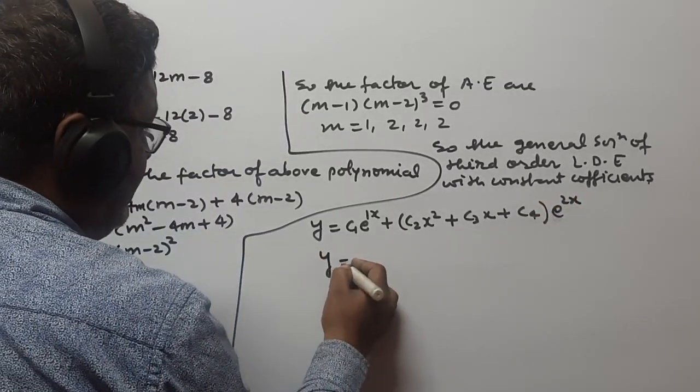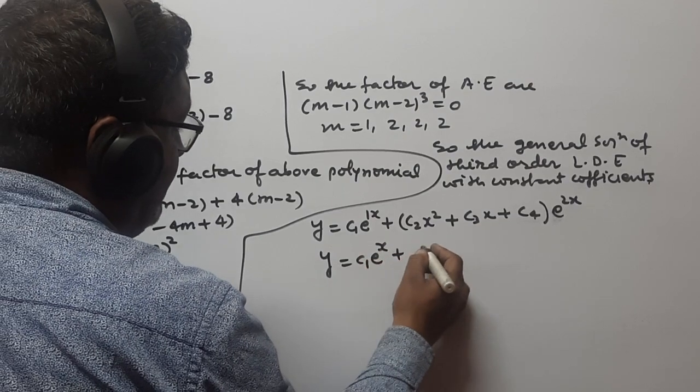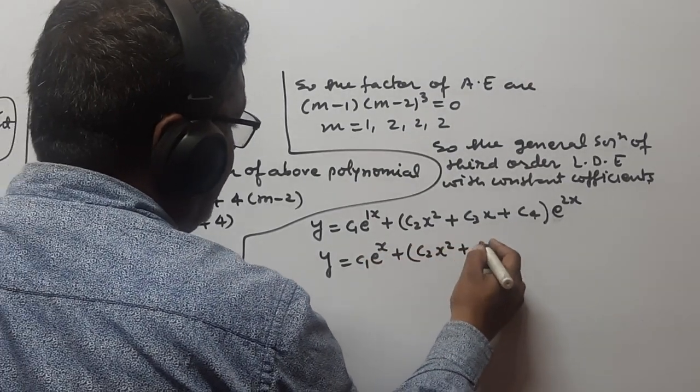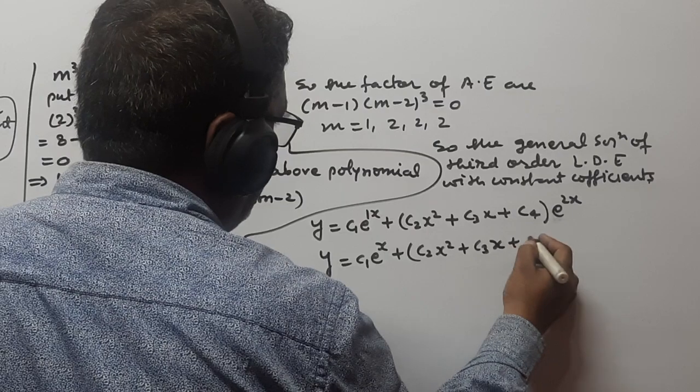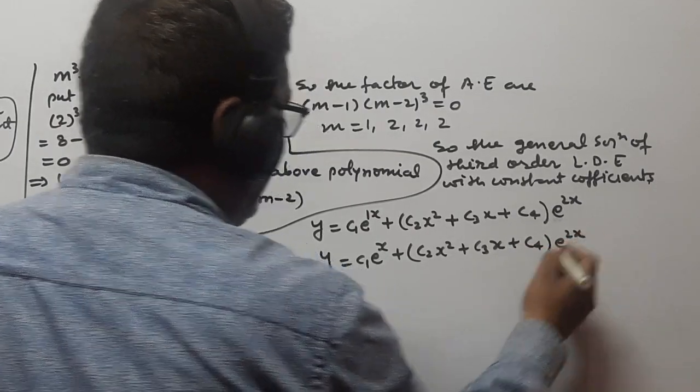This can also be written as c1 e to the power x plus c2 x squared plus c3 x plus c4 e to the power 2x.